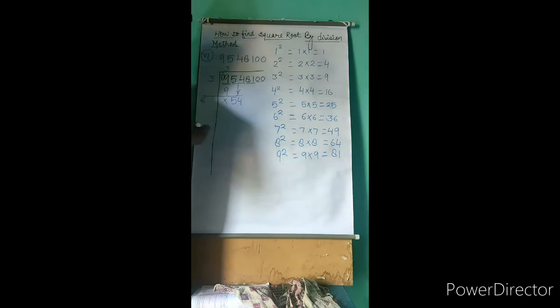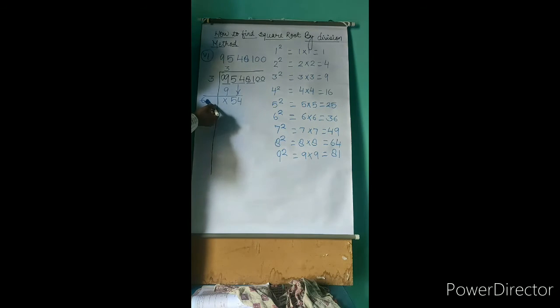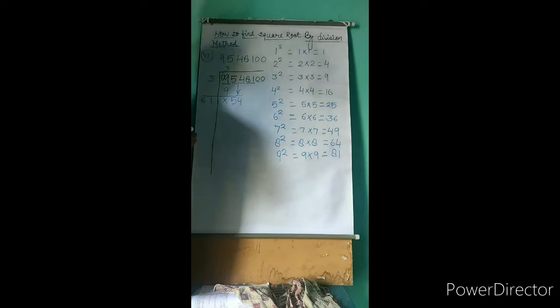Then bring the carry down, 54. Now you can see 54 is a 2-digit number, and if you place the smallest digit 1 here, it will become 61. 1 you place upside. 1 multiply 61 gives 61, which is greater than 54.